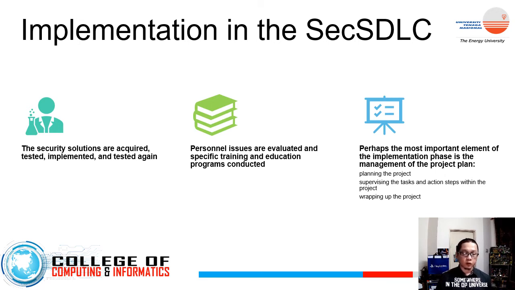And also, the most important thing is to make sure that we properly plan the implementation and that it has the right people to support the implementation process and the documentation process. Because in the long run, the SecSDLC is a continuous cycle and an evolving process.